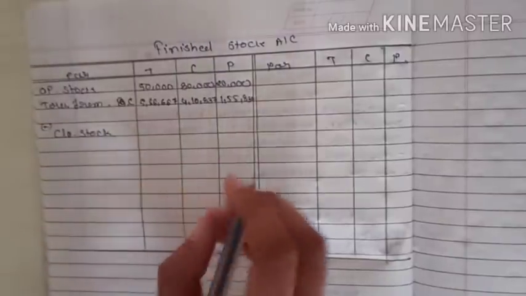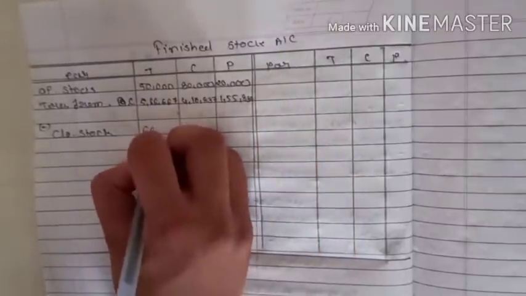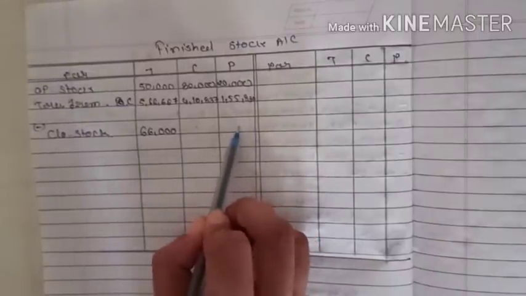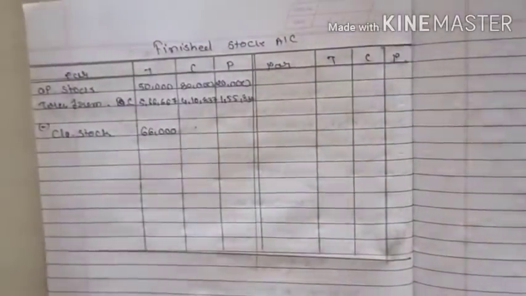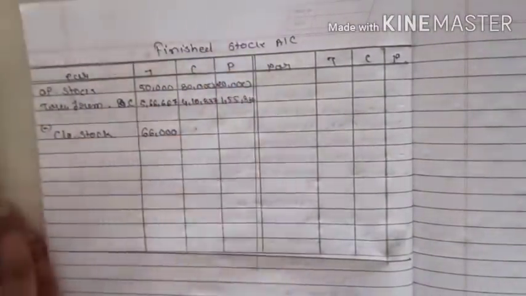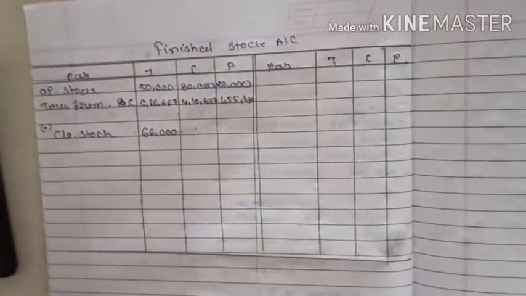Closing stock is 66,000. The same way we have to find out cost price and profit for the closing stock. In the same method, closing stock into cost divided by total. 66,000 into 4,40,837 divided by 6,16,667.